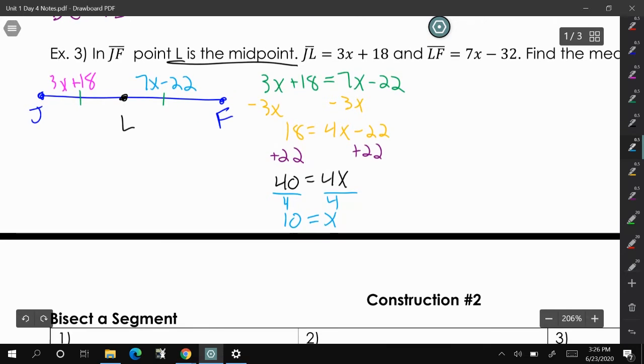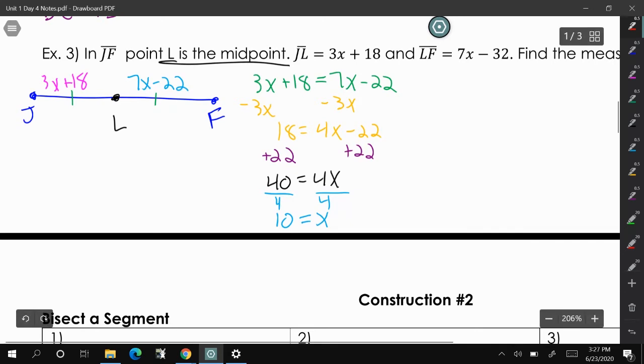Now, we can take a little bit of a shortcut. We know that these two segments, JL and LF, are equal. So if I plug in 10 for x for one of them, that's going to be the same length for both of them. If you have the time, you should check both parts, and I'm going to check both parts, so that you can check that your math is correct. So for JL, it's 3 times 10 plus 18.